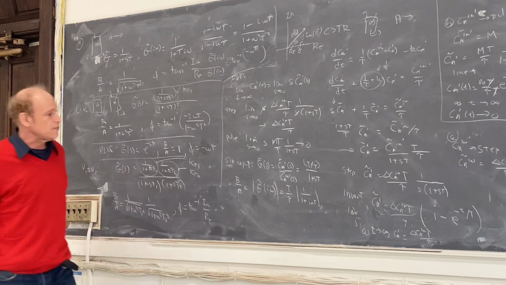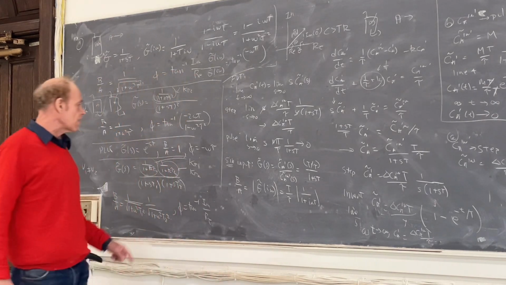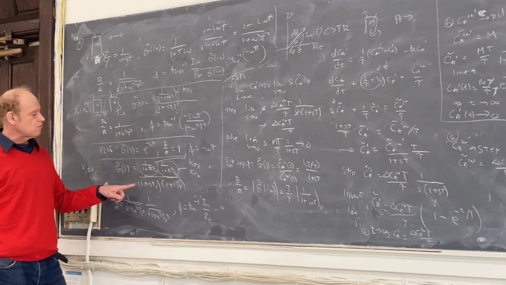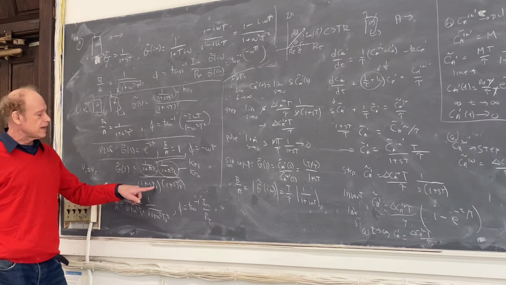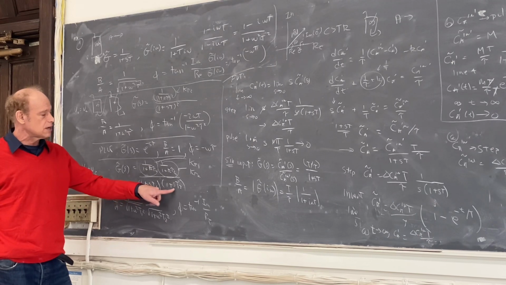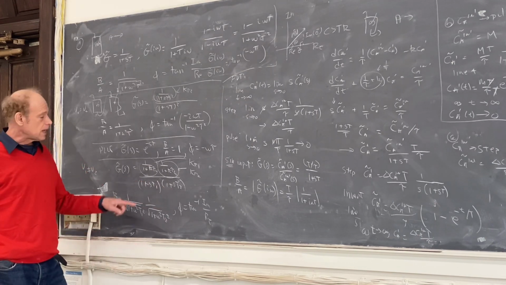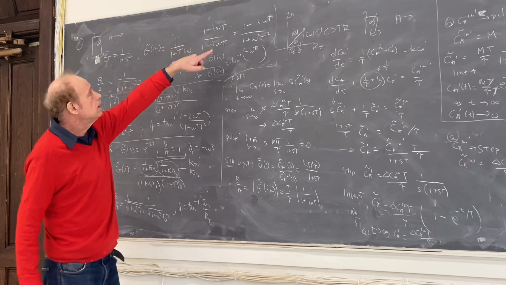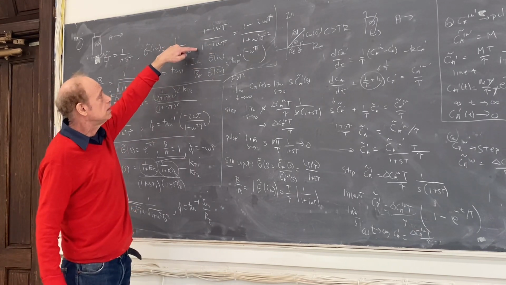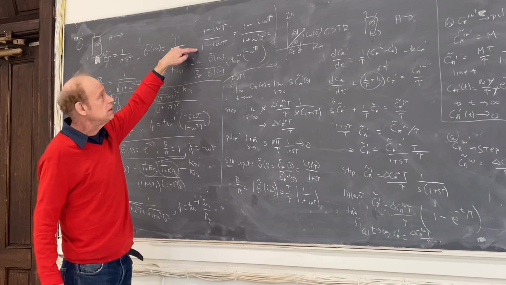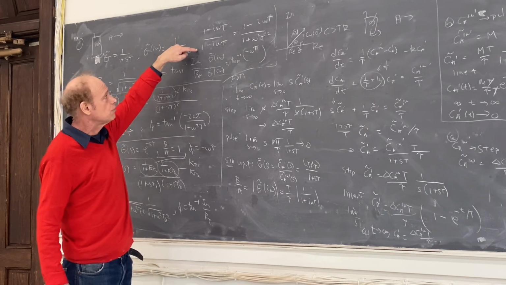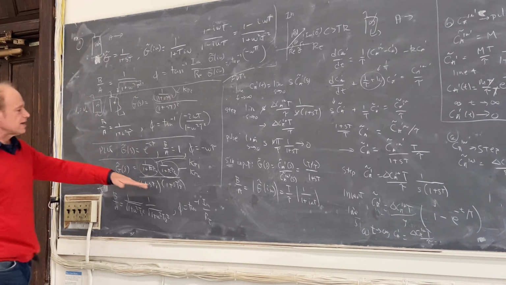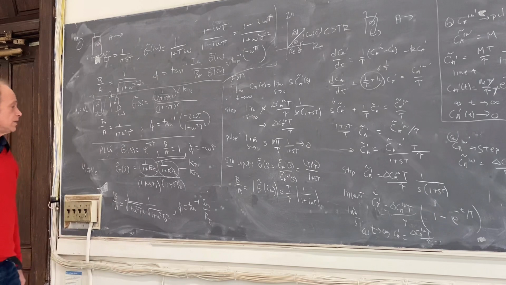So here I would have Kp1, Kp2, those are just constants. And here I would have 1 over 1 plus iωτ1, 1 plus iωτ2. And I would have to multiply, just as I did here, by 1 minus iωτ1 over 1 minus iωτ1, and 1 minus iωτ2 over 1 minus iωτ2 to get the i's out of the denominator and into the numerator.